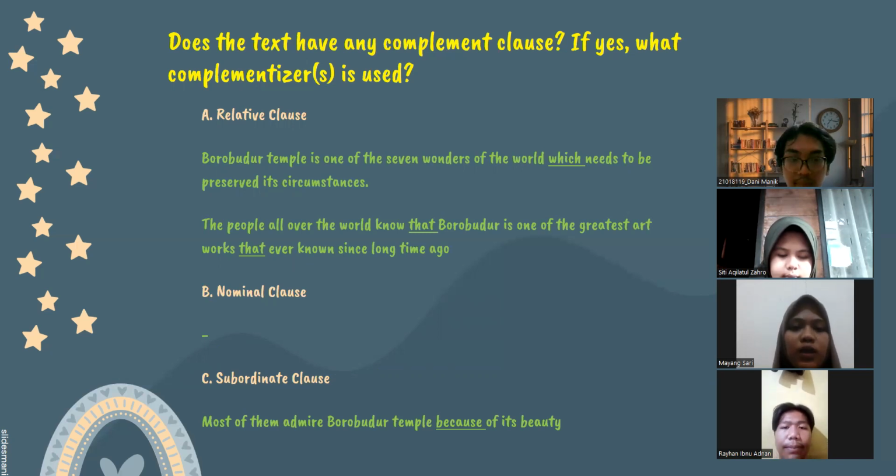The first one is relative clause. In the text, we found the sentence: Borobudur Temple is one of the 7 wonders of the world which needs to be preserved. So the relative clause marker is which. There are nominal clauses too, but we don't find them in the text.